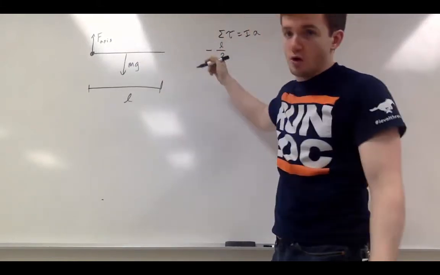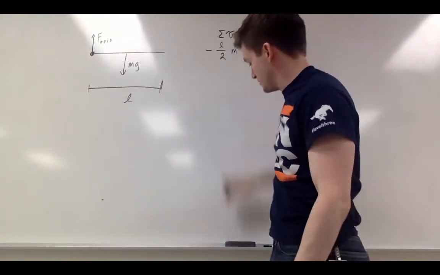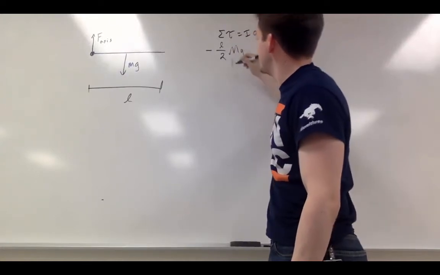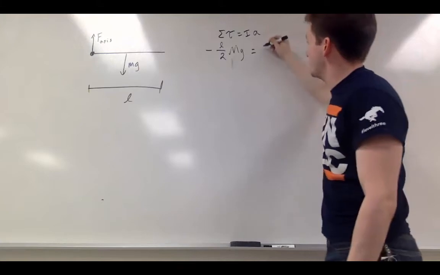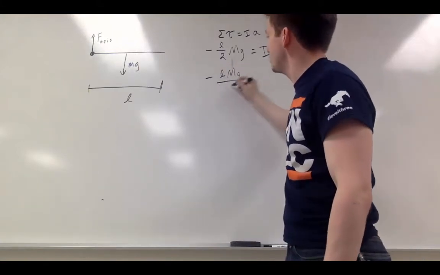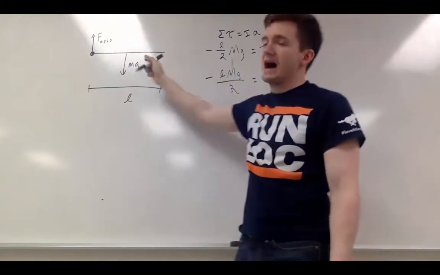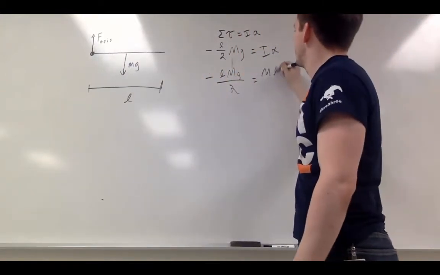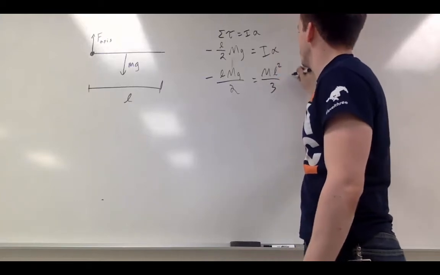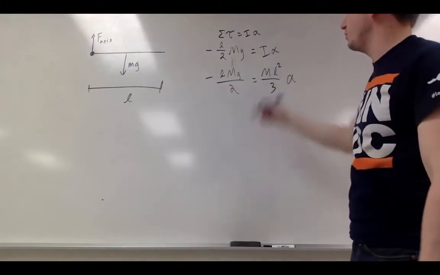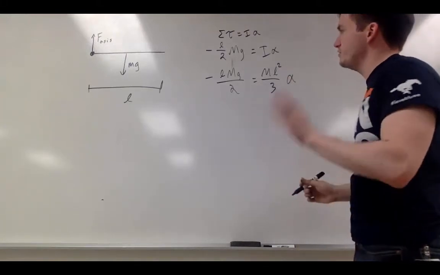The force is capital M, G, equals I alpha. So negative LMG over 2 equals I, well, they tell us that earlier in the problem. They say it's ML squared over 3 times alpha. We can do a little bit of wizardry here. I know you can do the algebra on your own later.